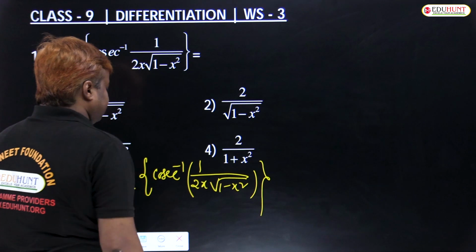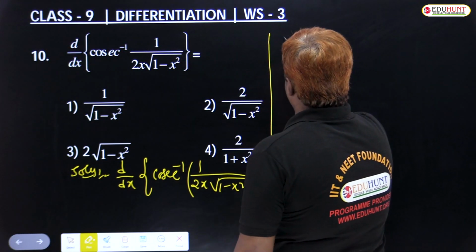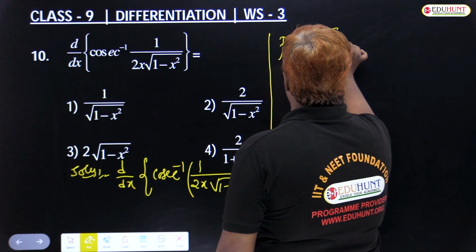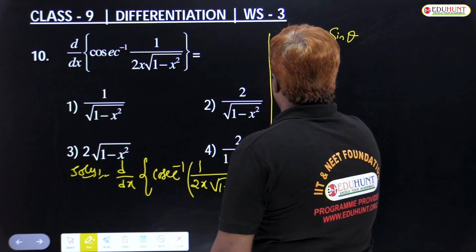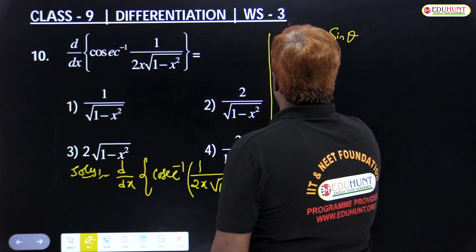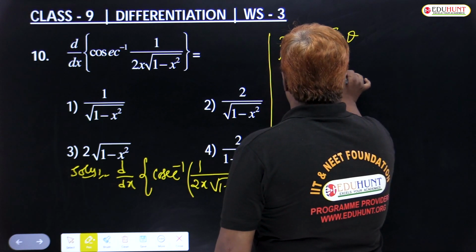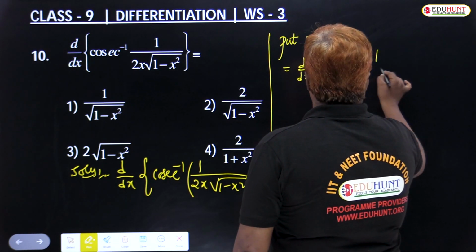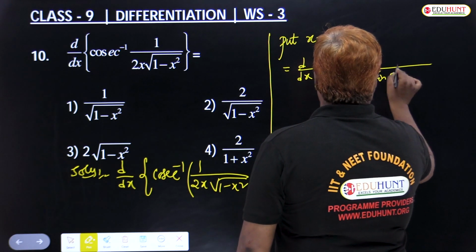Here you can use the substitution method: put x equal to sin theta. That is d by dx of cosecant inverse of 1 by 2 sin theta into root over 1 minus sin square.